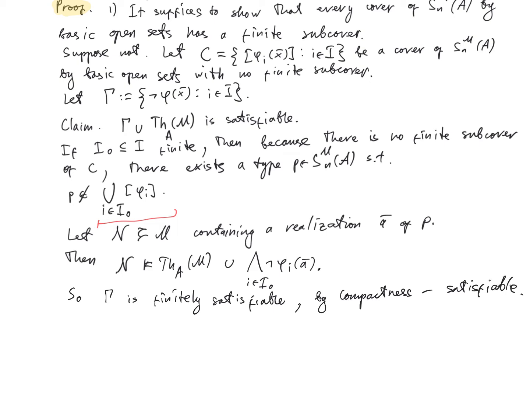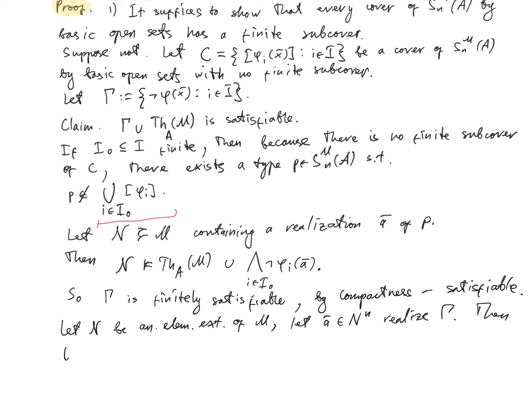Now let N be an elementary extension of M, and let a bar in N realize Gamma, so all of Gamma this time.